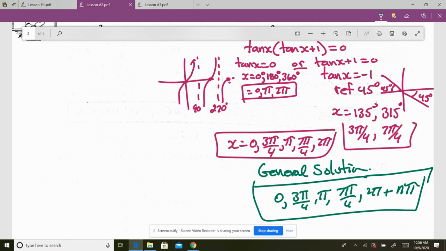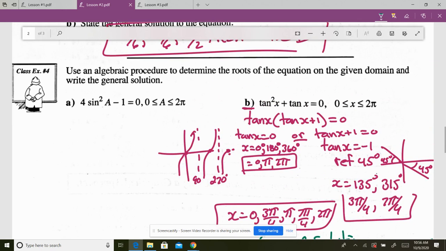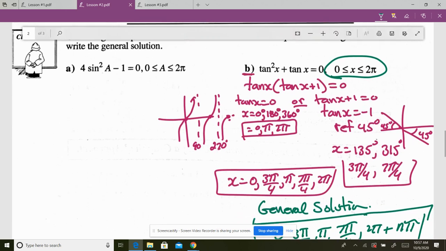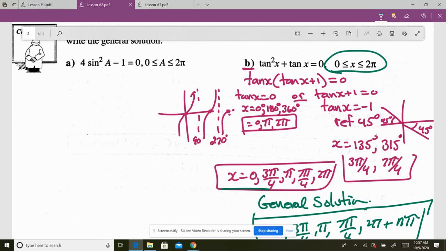You want one more, or do you want to just work on your own? Sorry, what? This bit? So this is the domain for this answer here. These are all the answers between 0 and 2 pi, all of these.